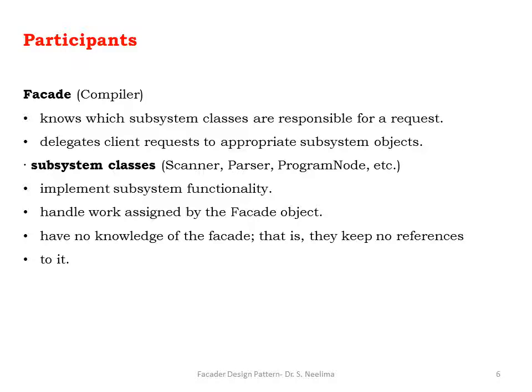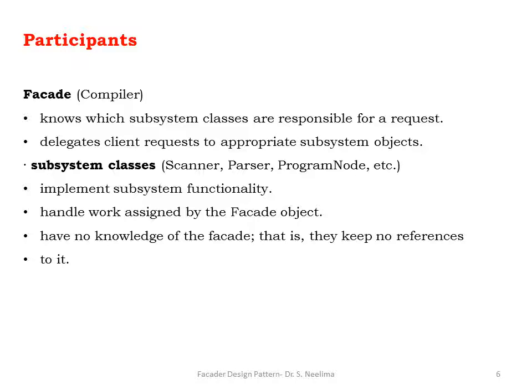Here the facade is represented in the figure as the compiler. It knows which subsystem classes are responsible for a request, and it delegates client requests to the appropriate subsystem objects.